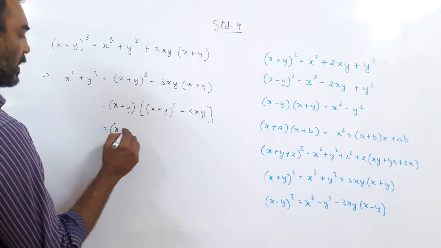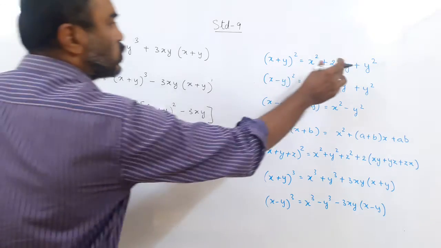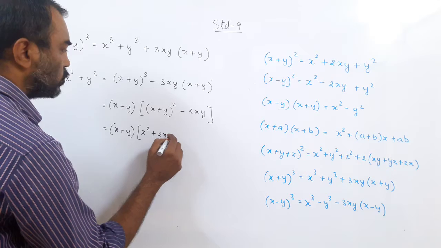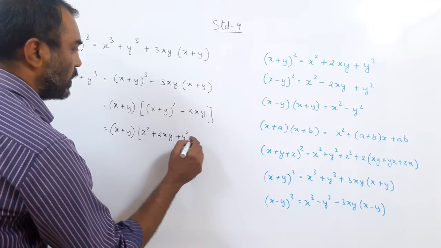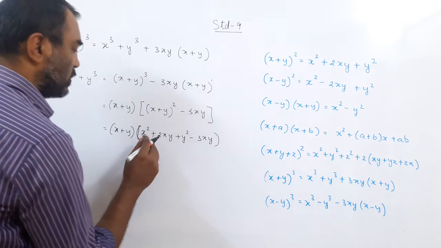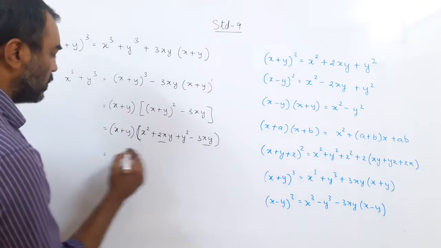Now this gives me (x plus y). What is (x plus y) the whole square? Expand: x square plus 2xy plus y square, minus 3xy. Now this and this have like terms.